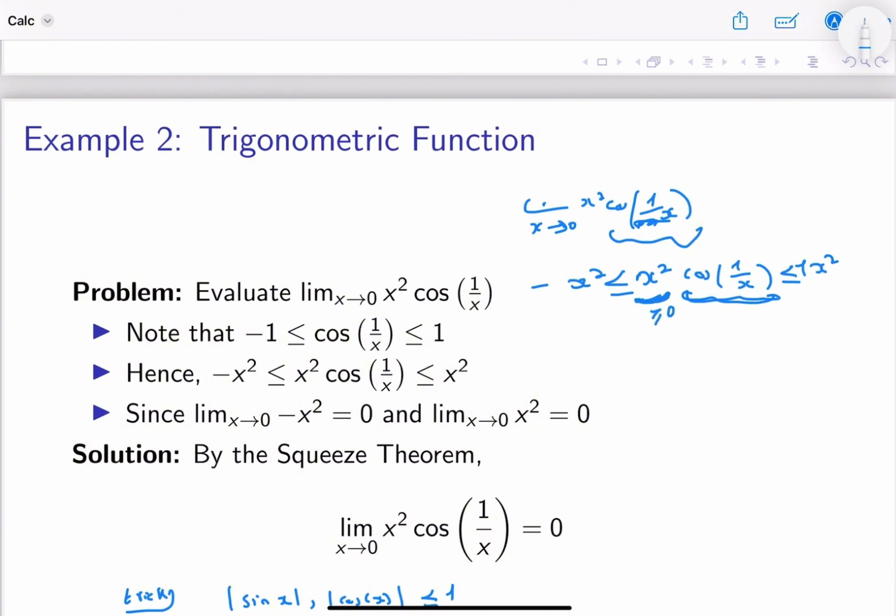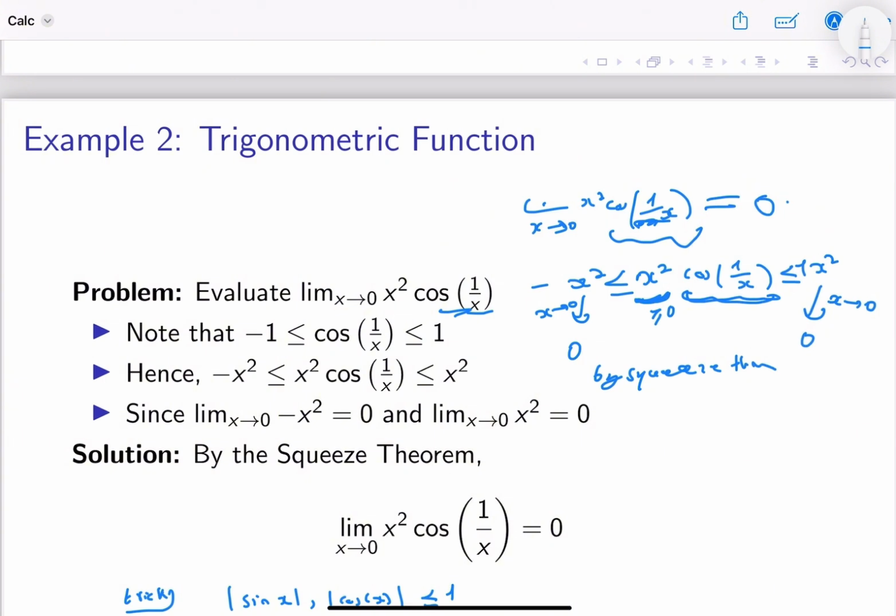The right hand side goes to 0 as x goes to 0, and the left side also goes to 0 as x goes to 0, and thus by squeeze theorem the limit of this thing is actually 0.